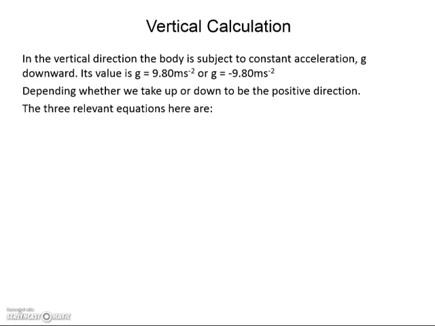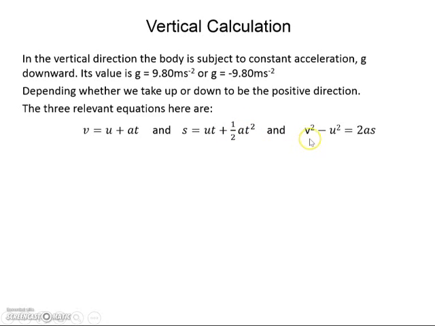The three relevant equations here are, the first one: v equals u plus at. To find the velocity, it's the initial velocity plus acceleration times time. The second one is displacement equals the initial velocity times time plus half of acceleration times time squared.